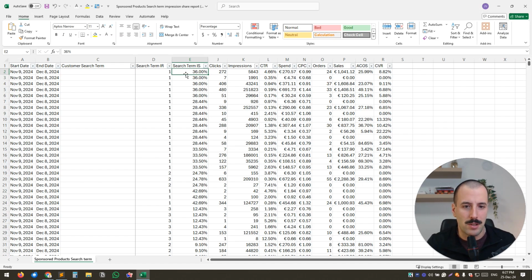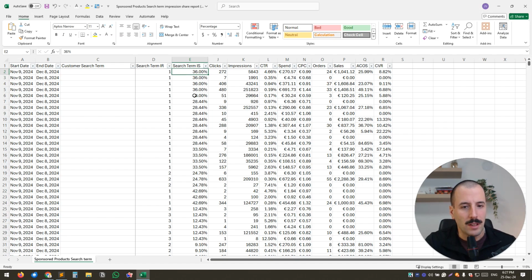So that tells you that you can increase your bid even more if you like, but that will not give you more impression share. You cannot get a bigger part of the cake if you increase your bid. So you maxed out.